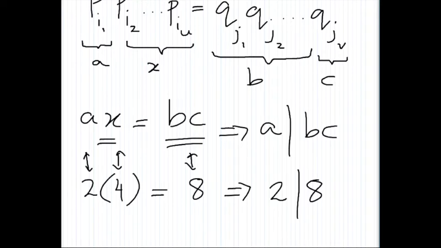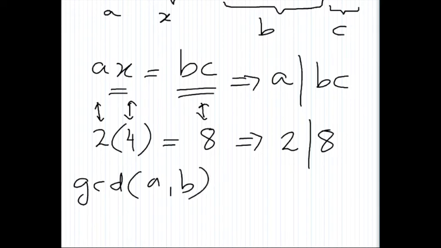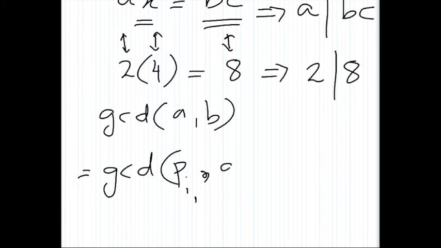Okay, now the question is, what is the GCD of a and b? This is equal to the GCD of p_i1 and b, which is q_j1, q_j2 up to q_j(v minus 1).